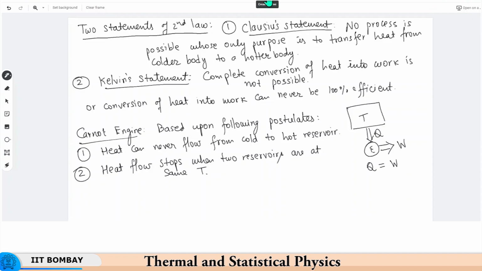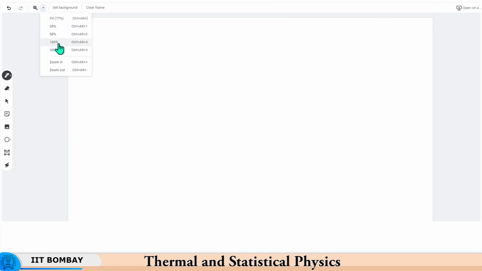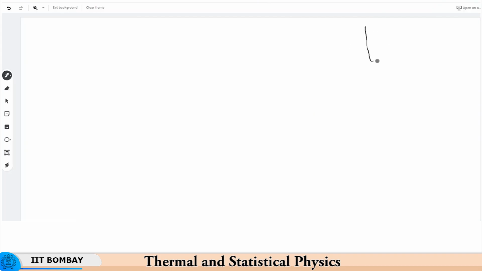So, basically, what we start with is a reservoir, right, which is a huge system which is kept at certain constant temperature Th, right. There is an engine, there is this mechanical device which can extract certain heat from this reservoir, let us call this engine, okay.